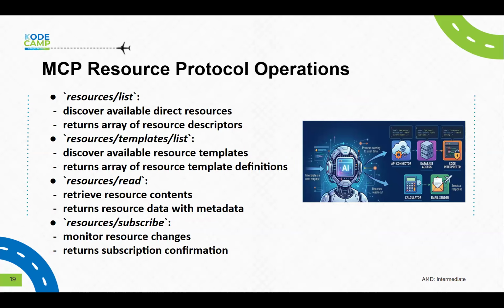The difference is that resources list is used to discover static resources, while resources templates list is used to discover available resource templates. And so resources templates list returns an array of the resource template definitions that are available in the given MCP server.